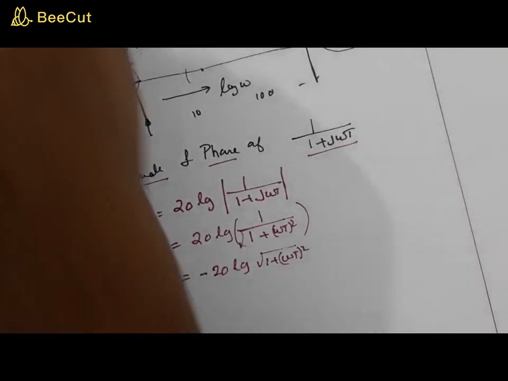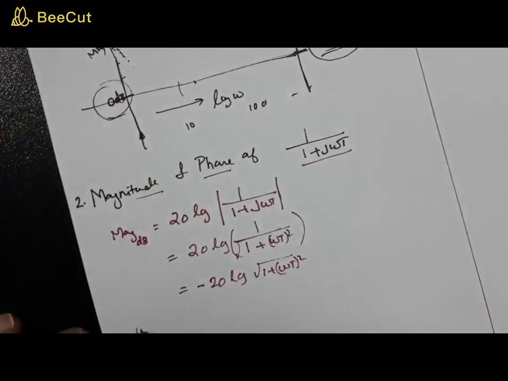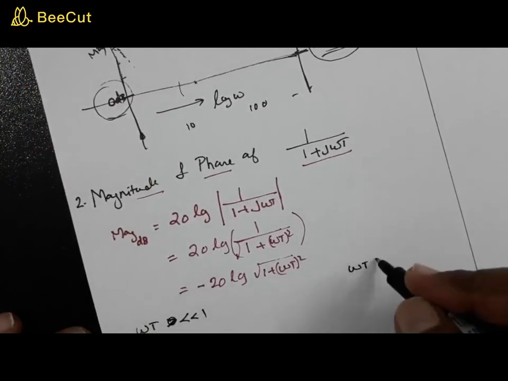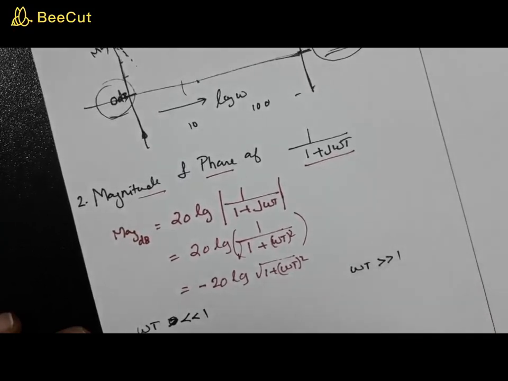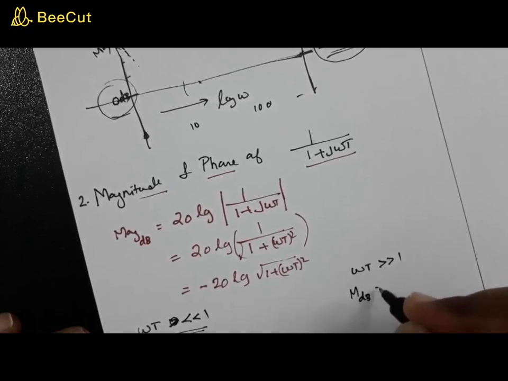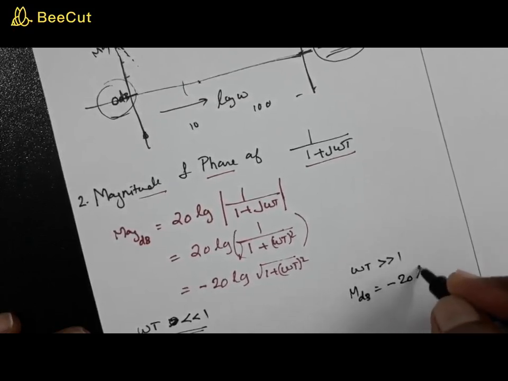As we have studied, you can have a scenario where omega t is much less than 1 and omega t is much greater than 1. In the first case, the magnitude will be 0 dB, while in the second case, the magnitude in decibel will be equal to minus 20 log omega t.